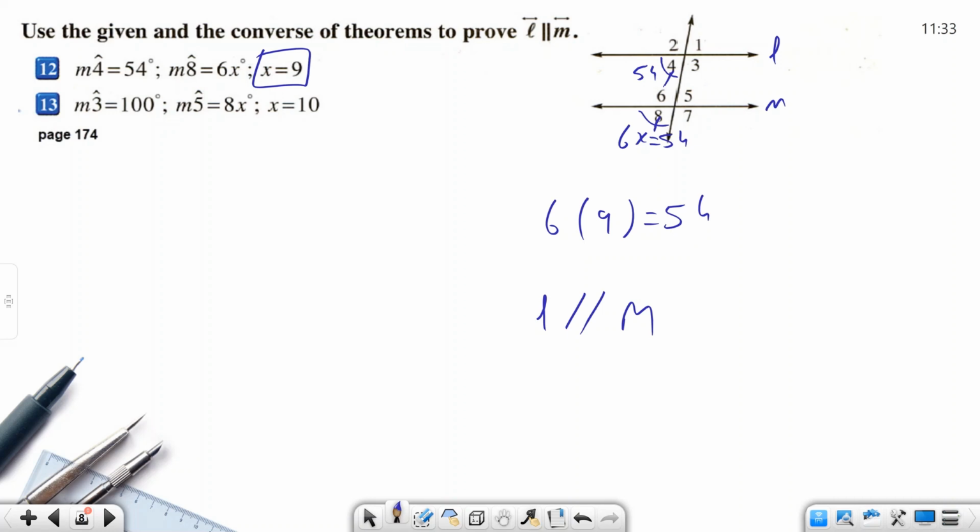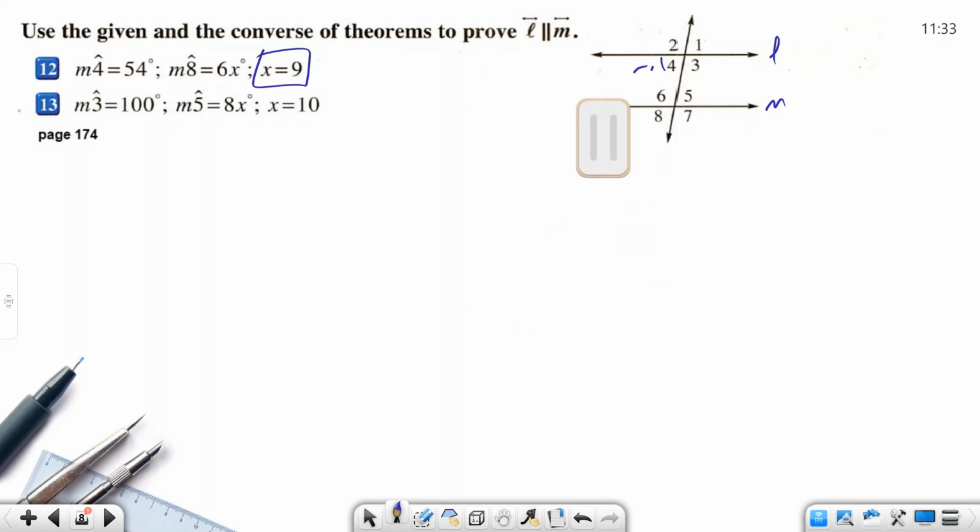That's okay. Let's see question 13. I need to clean that part now because I need to draw new things. Now angle 3 is 100. So this is given, 100. Angle 5 is 8x, and x equals 10, given in the question.